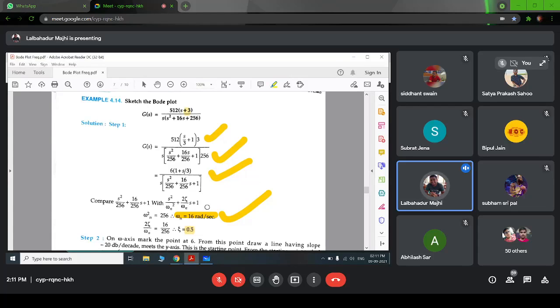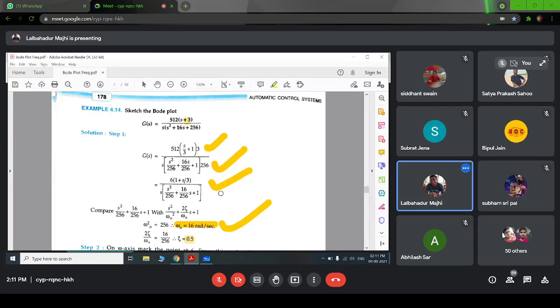What is the value of k for this transfer function? Anyone? Sir, 6. 6, right? So this is a type 1 system, so we have to mark omega equal to k, that is 6, on the 0 dB axis.